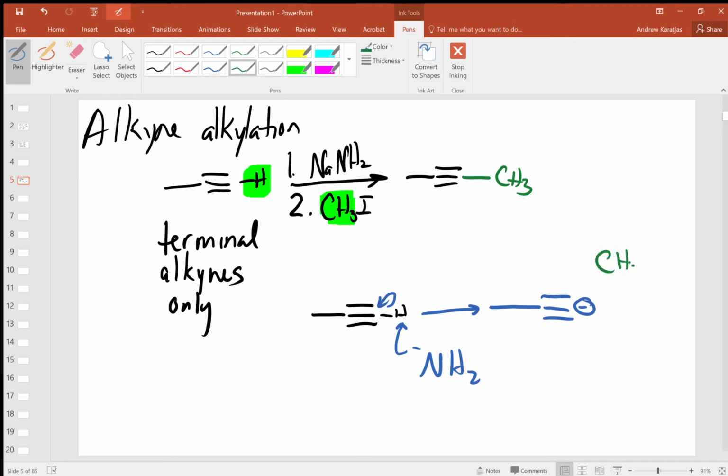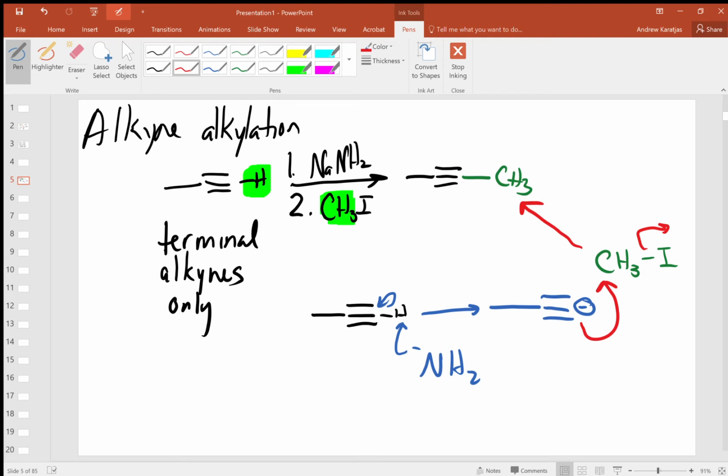In a second step, the anion will attack the electrophilic carbon and force the carbon halogen or the carbon leaving group bond to break. That gives us our product.